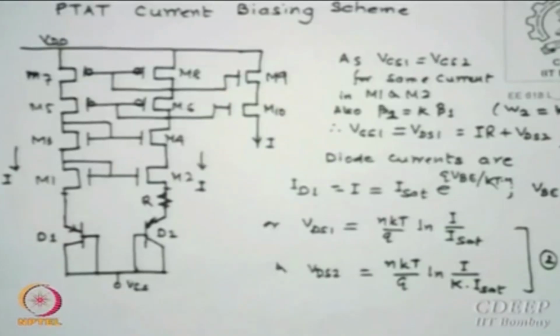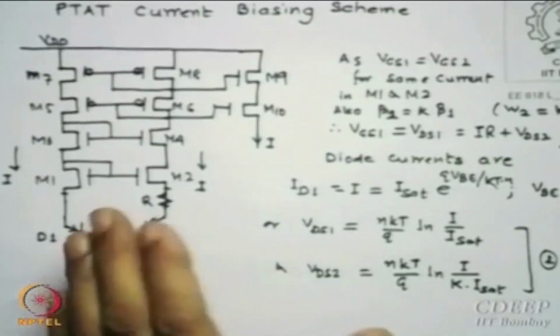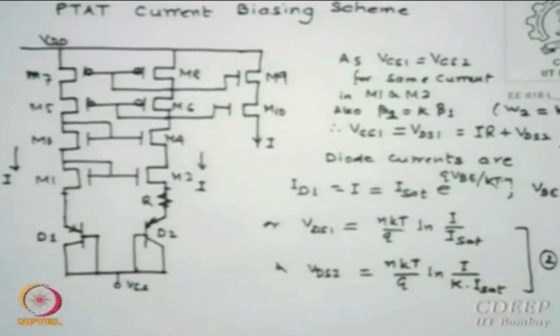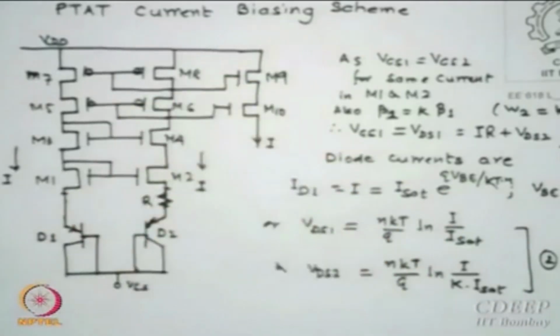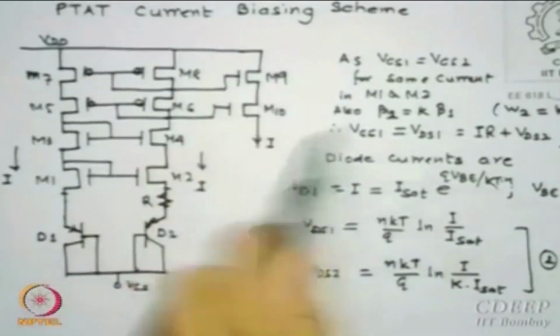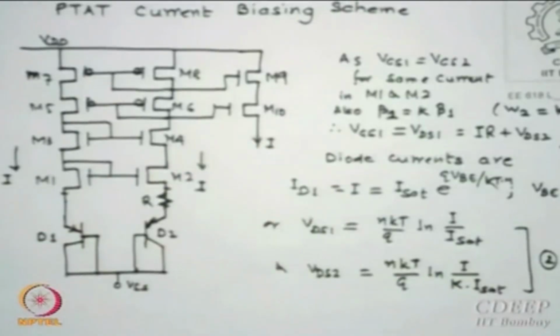That is, whatever value we reference is directly proportional to T. So it is called PTAT. This is going to be part of my band gap reference. So I thought first let me show you the PTAT itself. This itself can be used as a bias. You can see here, I can use this itself as a current biasing circuit.